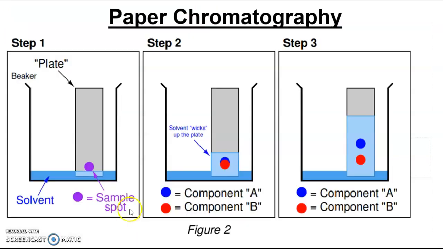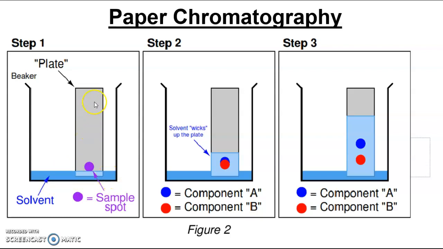Next we will move to paper chromatography. See the images. In step 1 we are taking a chromatographic plate. On that we are plotting a sample spot, a purple color sample spot, and we are dipping it in a little amount of solvent.